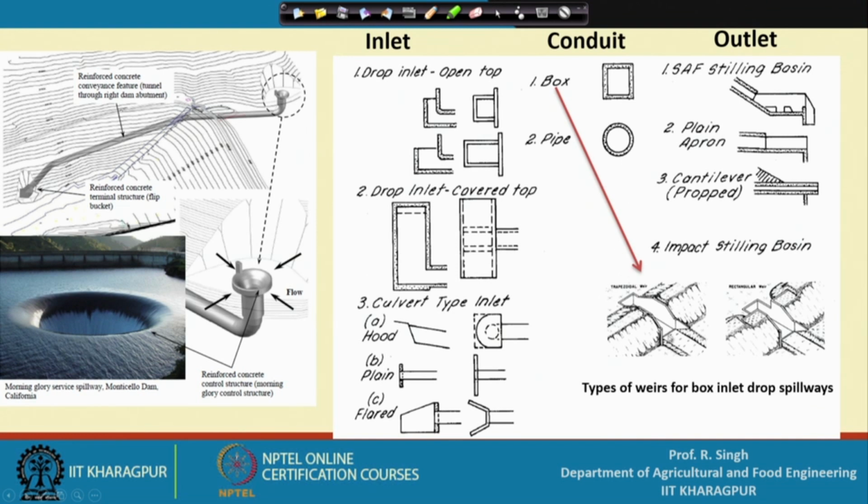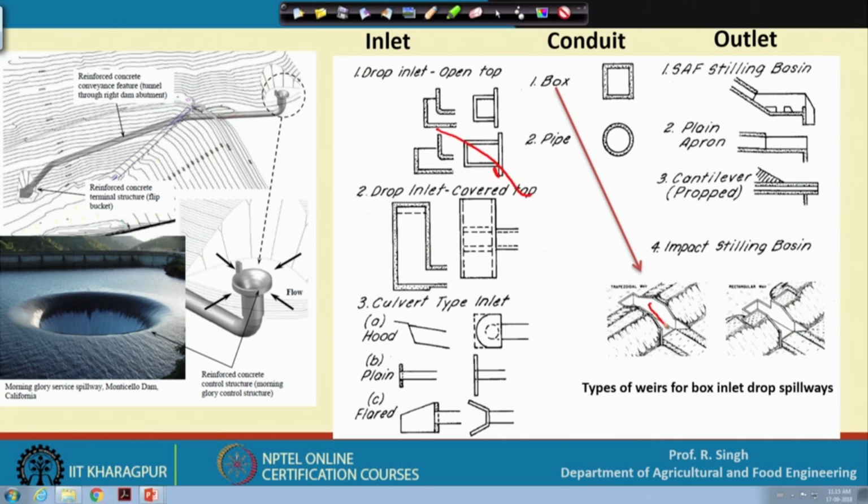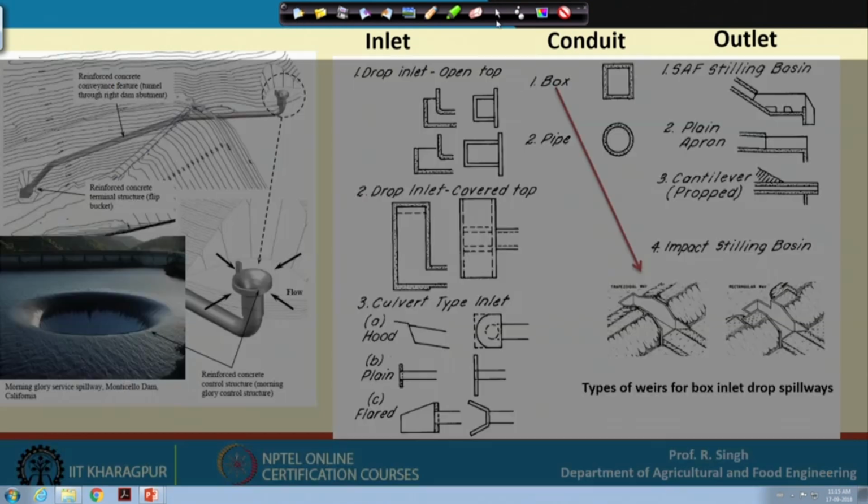From the cross sectional view you can see the trapezoidal weir is located, and this is the box conduit. Here you can see the conduit structure, the box conduit structure over there, and there is a pipe conduit structure, located as a pipe. These are some of the basic structures, and then going to the outlet.